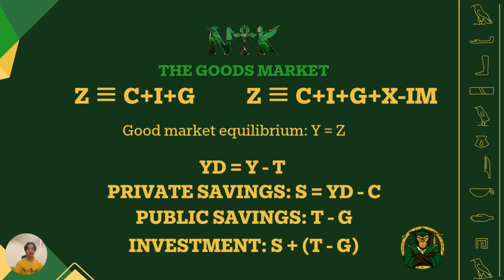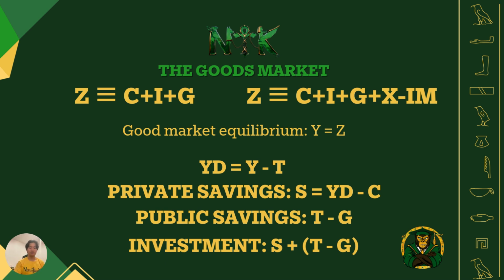Then we have private savings. Private savings, a very simple notion as well, is what I actually have after my consumption. So disposable income, YD, minus what I consume, with the example of transportation, food, renting, and groceries. So private saving is just what's left after tax and all my consumption.